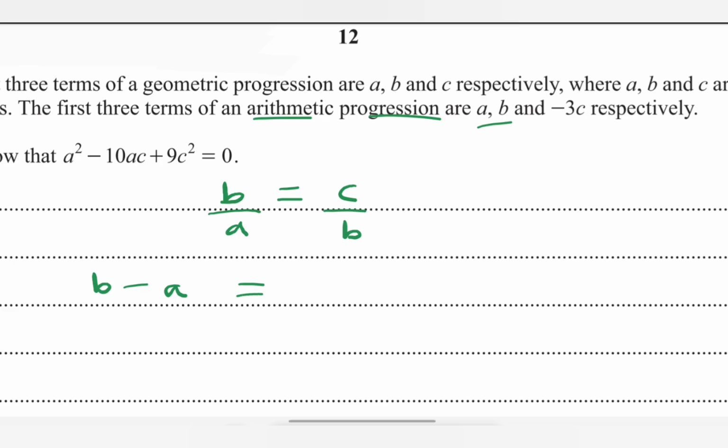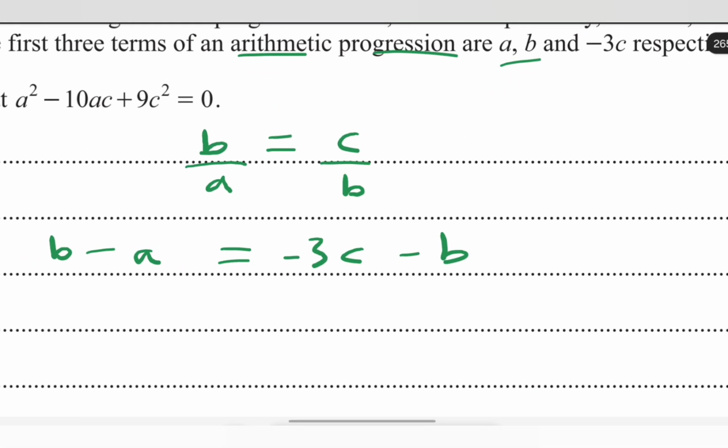And I said it's constant and it's common, so minus 3c, which is the third, minus the second, is supposed to give us the same answer, like this. Now with this, you can see that we get 2b. If we take this negative b to the left hand side, 2b plus 3c is equal to a.